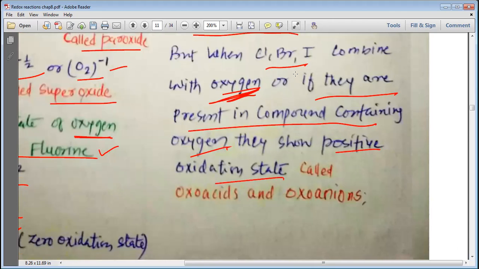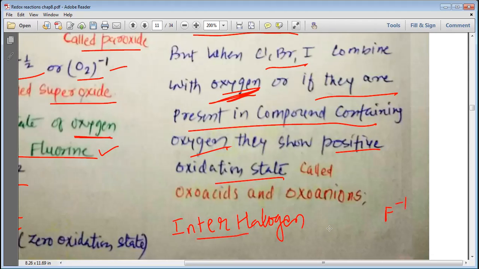Same way, my dear students, there are some compounds which are known as the interhalogen compounds. In these interhalogen compounds, we always have F will be minus.